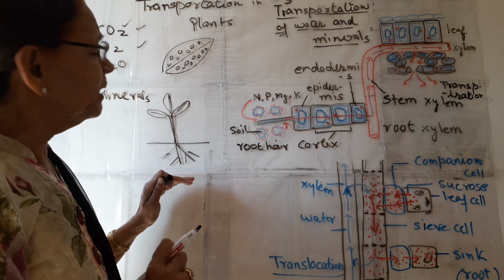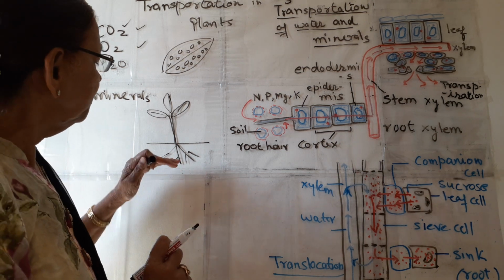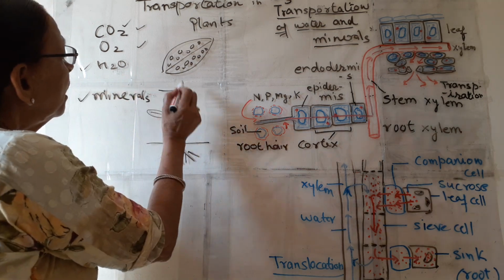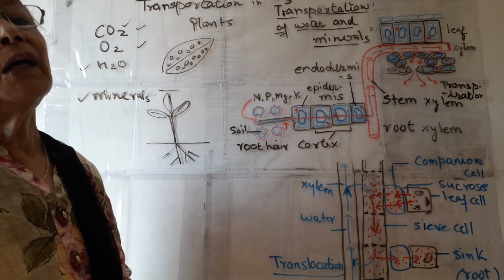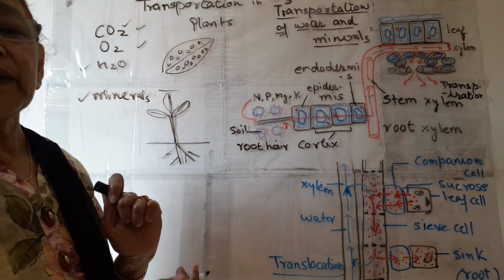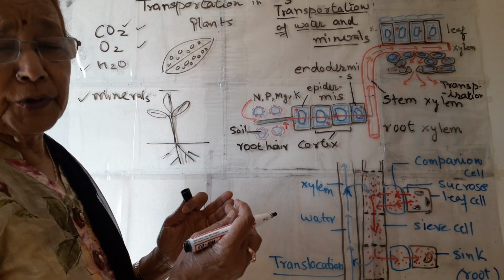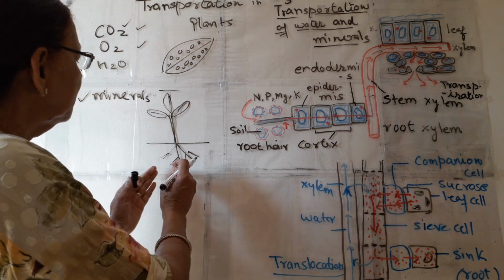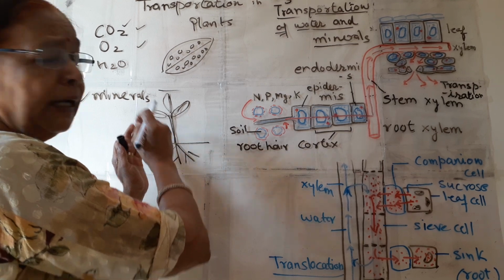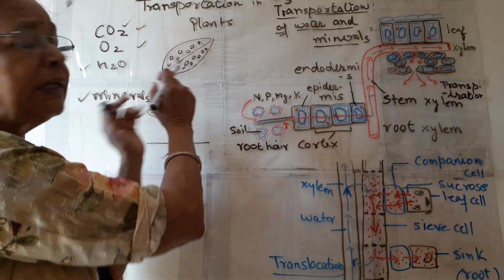So there should be some transportation mechanism so that this water can reach up to the top of the plant. This water is absorbed by the root and by simple diffusion or by osmosis, it goes into the cells of the root and then to the stem and then to the leaves.